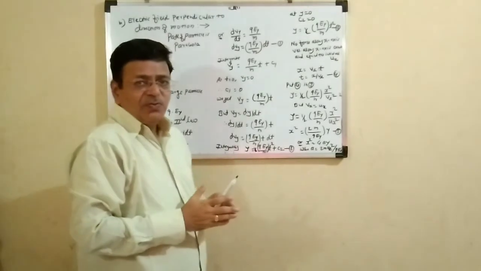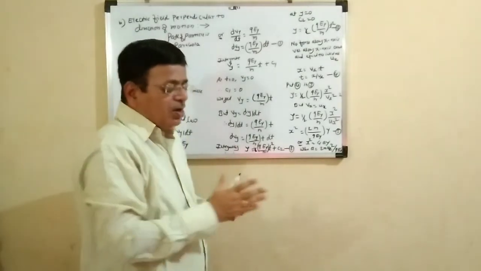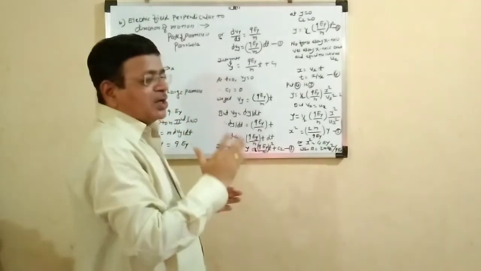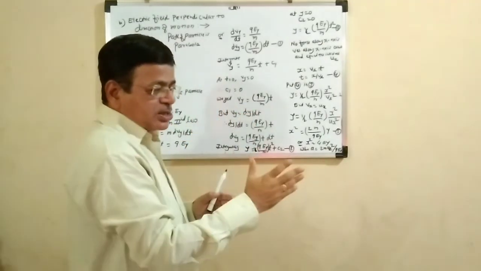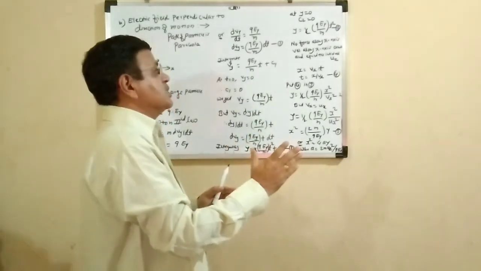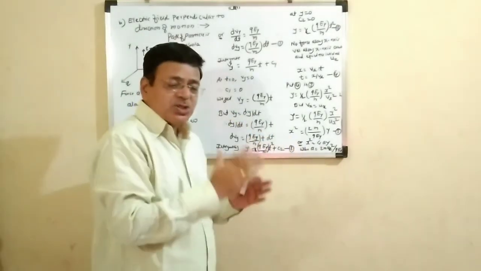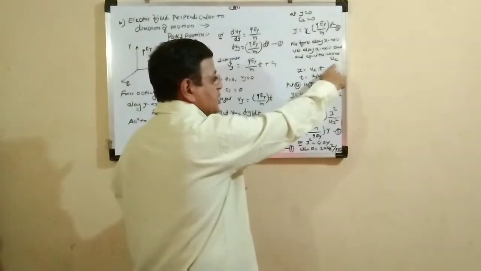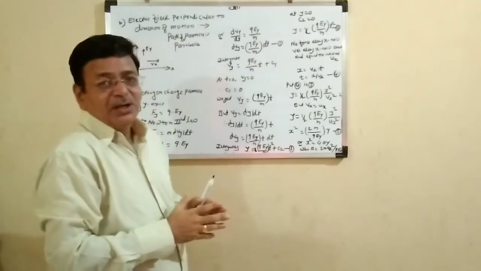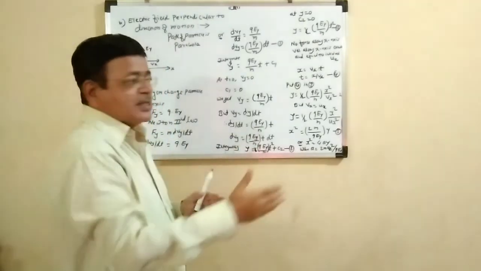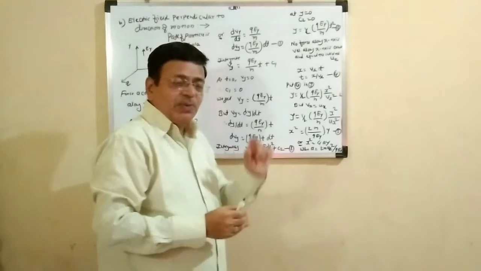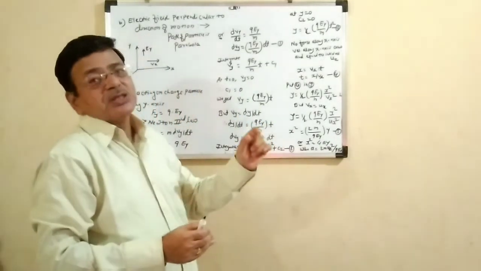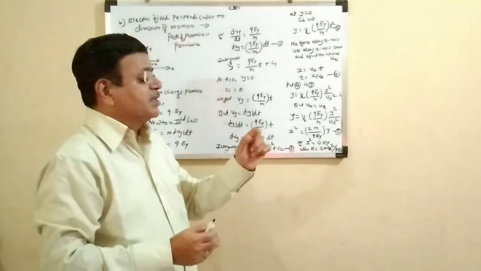We know very well that force is not acting along the x-axis, it is acting along the y-axis. So as the force is not along the x-axis, the velocity along the x-axis is constant, and that velocity is our initial velocity, that is ux. Again, if the displacement along the x-axis is x, then the velocity of that particle along the x-axis we consider as vx within the time period t.